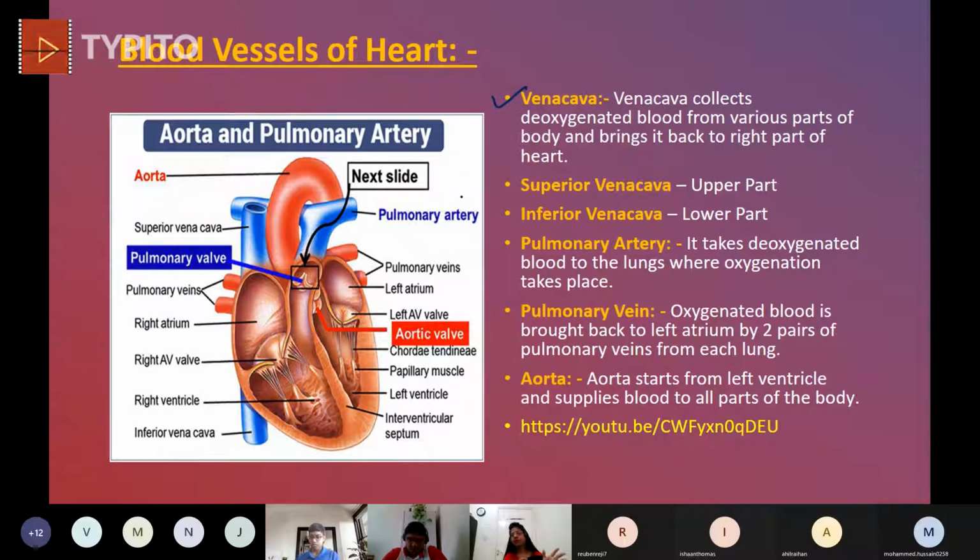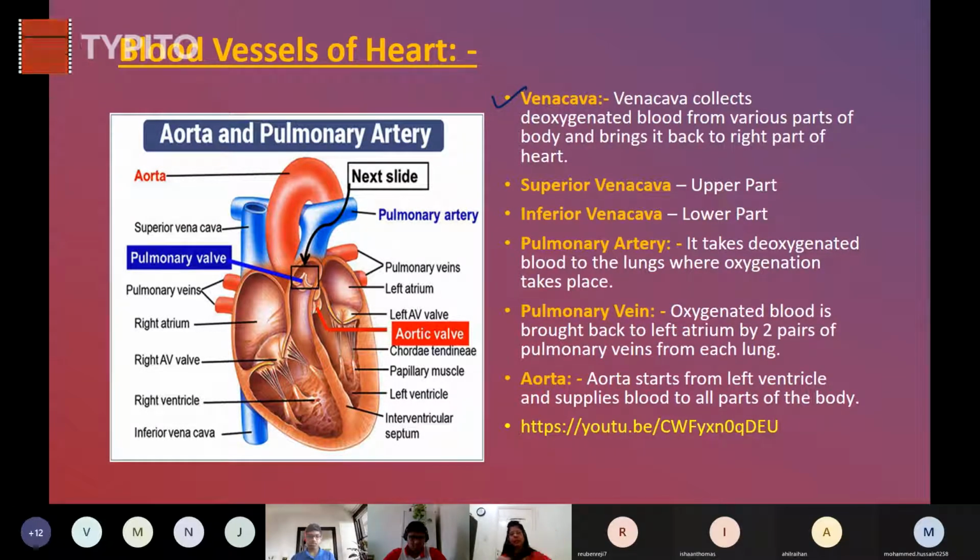In our body, cellular respiration is happening. Cellular respiration happens in every part of the body, in the hands, legs, stomach, head, chest, everywhere. Cellular respiration produces carbon dioxide. Carbon dioxide is collected by veins. Many veins from all parts of the body collect that carbon dioxide.